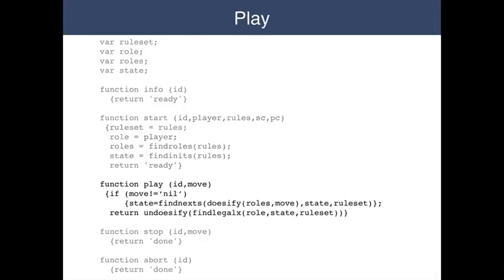The play event handler takes a match identifier and a move as arguments. If the move is not nil, it uses nexts, findnexts, to compute the state resulting from the preceding state and the action supplied in the move. Once the player has the latest state, it uses legalx, findlegalx, to compute a legal move.